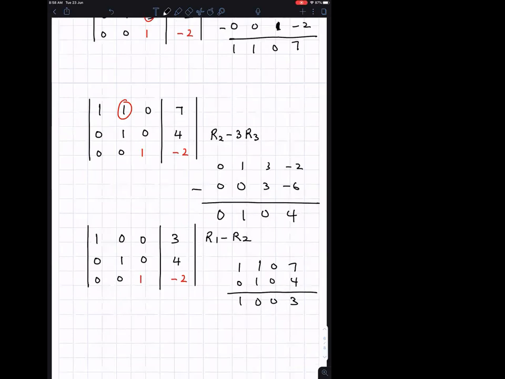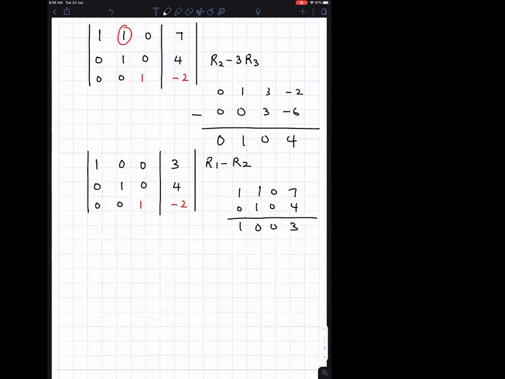So we are done here. We achieved a diagonal of 1s. It has to be 1 and it has to be positive.